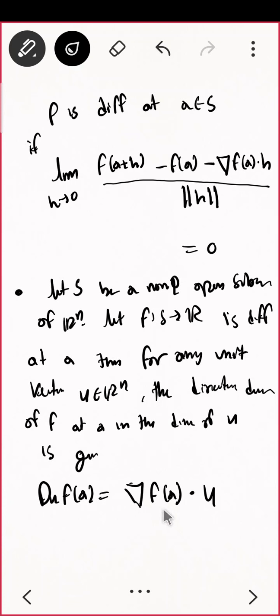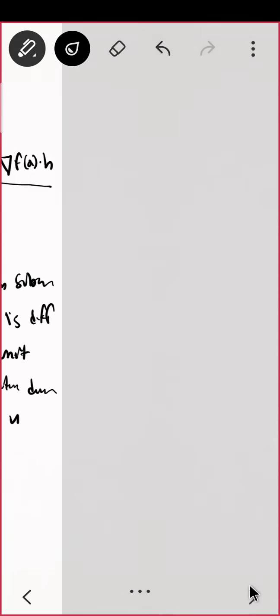And one more application of this gradient is this. I'll write it as a corollary. Most important, mostly asked in the IIT JAM exam. Let S be a non-empty open subset of R^n.